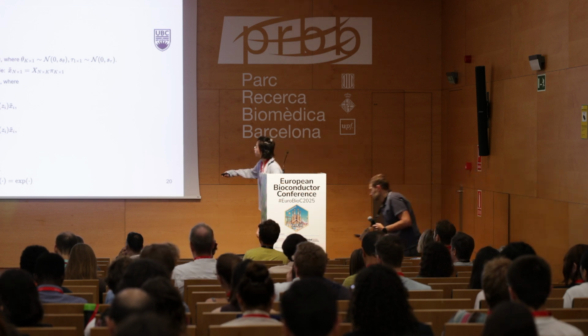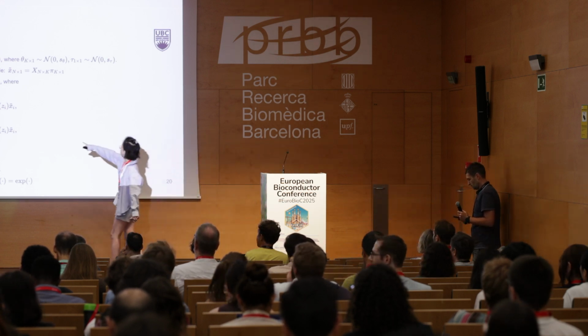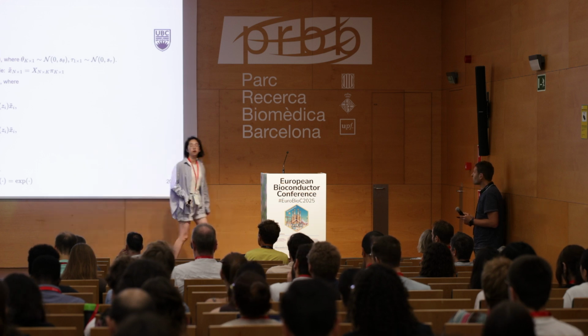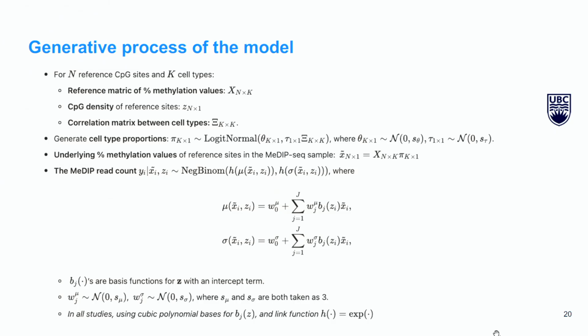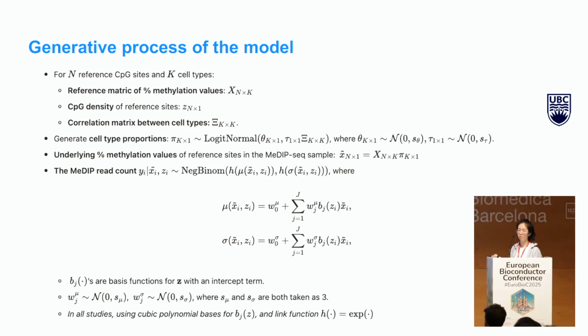D is a measurement of the CpG density. First of all, we're putting splines on it because the pattern is flexible. And also, we're taking into account the interaction between the CpG density and the methylation level in the reference panel.